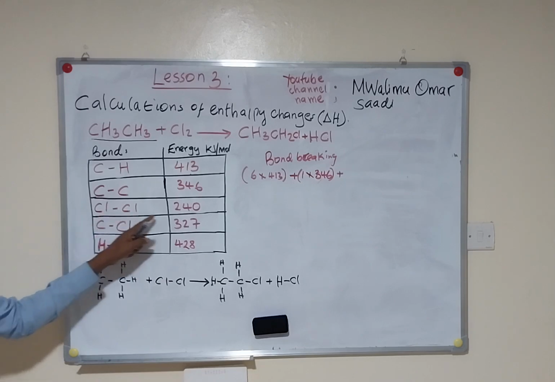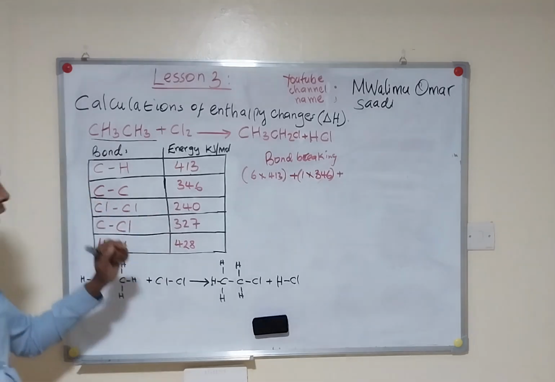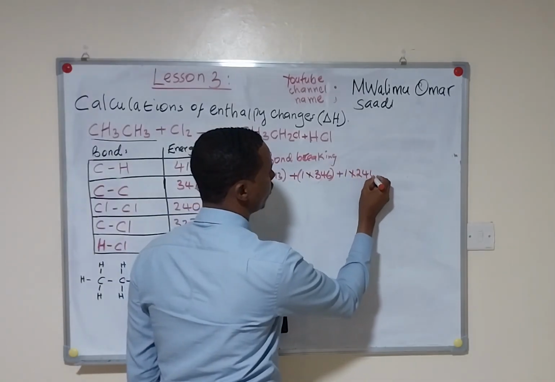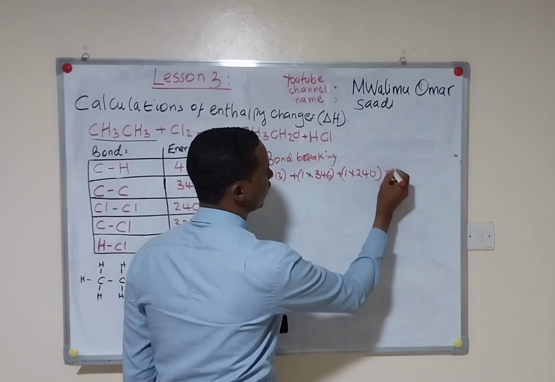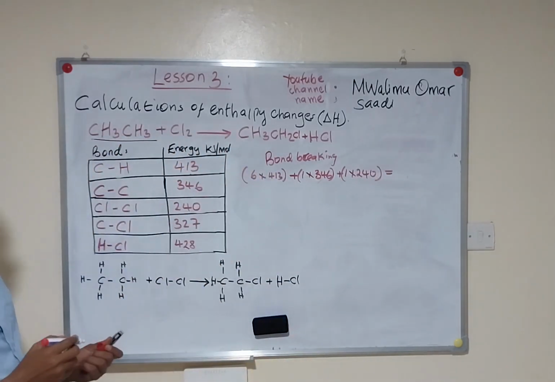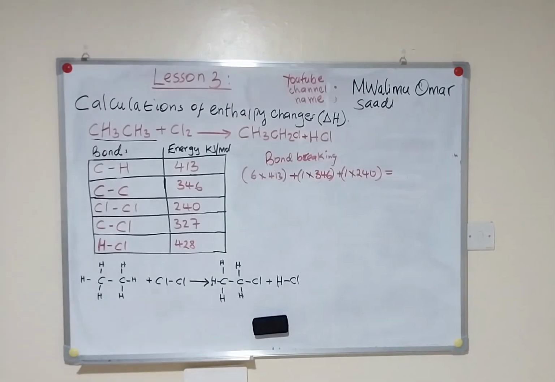The bond energy is 240 times 1. So for bond breaking, we add those.